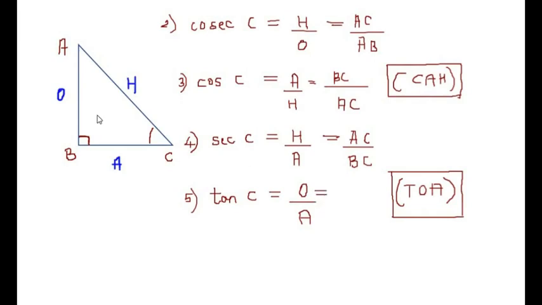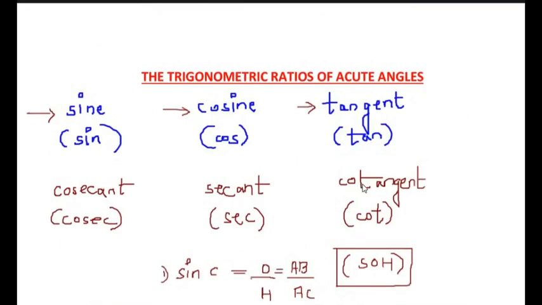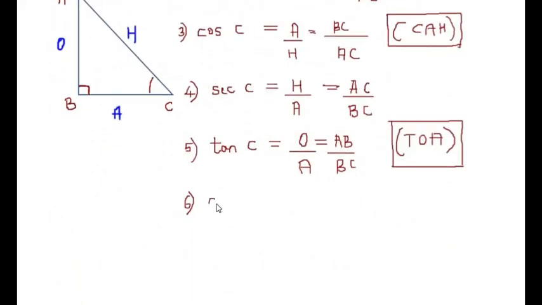And in this triangle, O stands for AB and adjacent is nothing but BC. Again, its reciprocal is nothing but the cot. So we are going to write here cot of C is equal to adjacent over opposite, reciprocate this, so the sides become BC over AB.